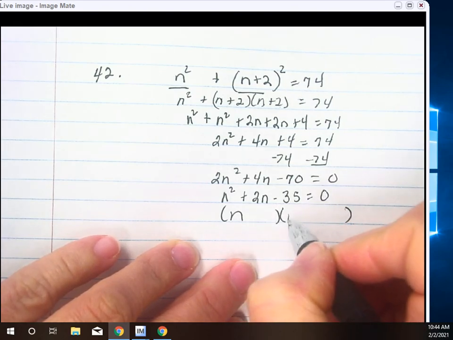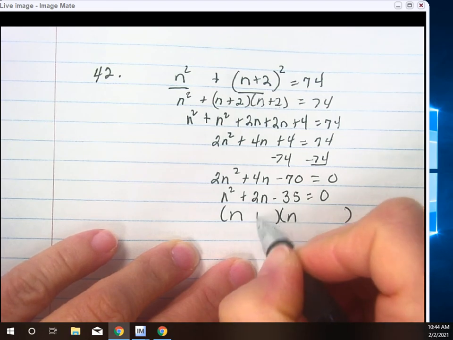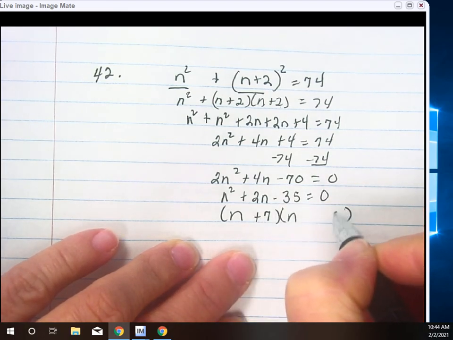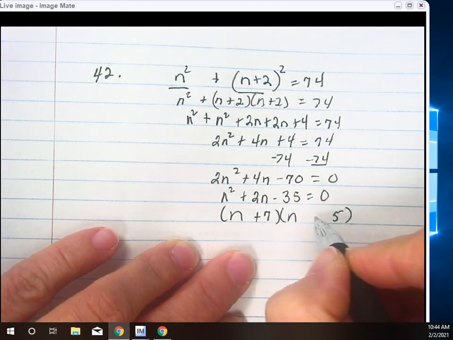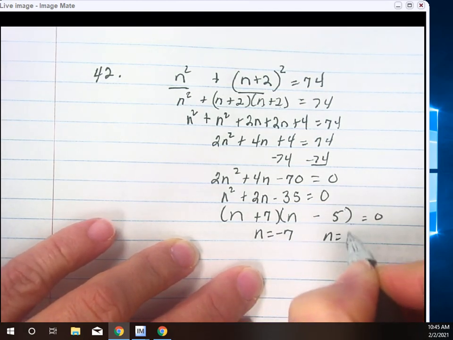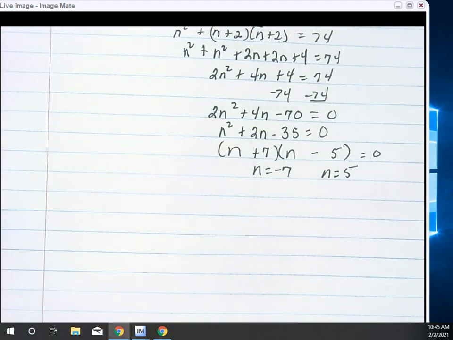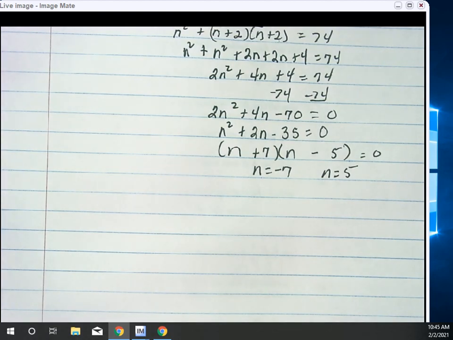Because I am subtracting, I have two different signs. 7 is the bigger factor. It's going to take the middle sign. When I solve, n is a negative 7, n is 5. So how do I answer the question, two consecutive whole odd numbers? 7, negative 7.